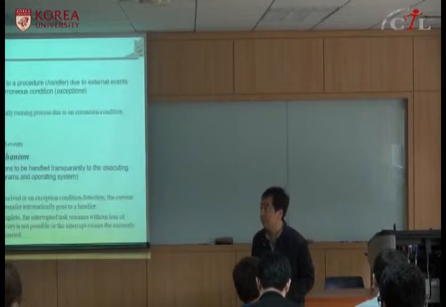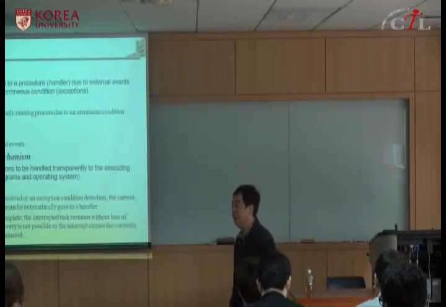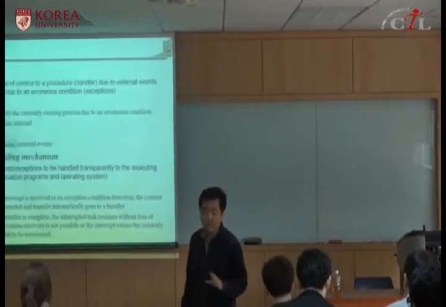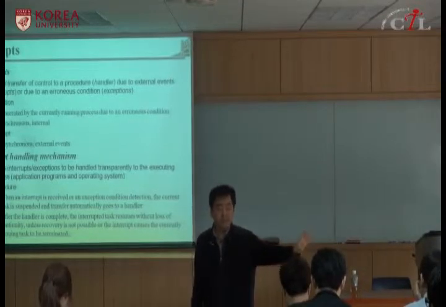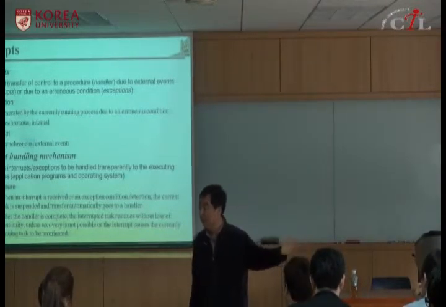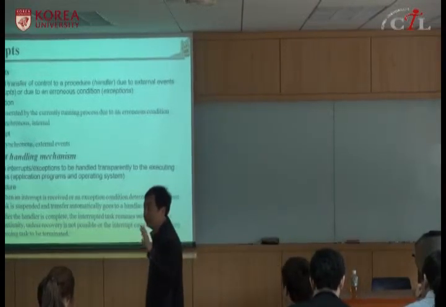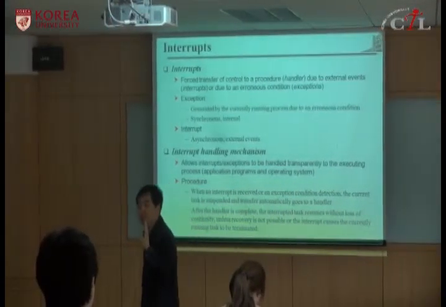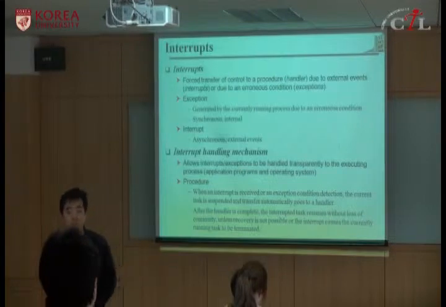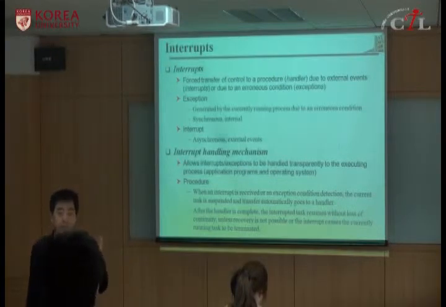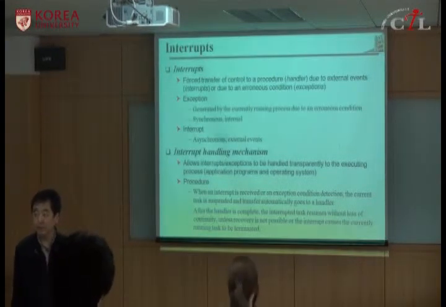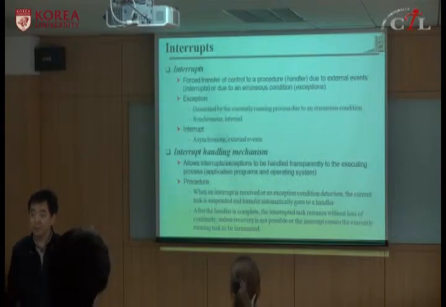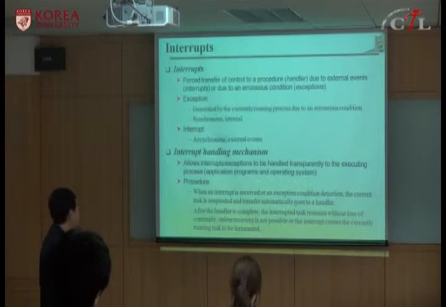Then the handler should examine the status. If the same error occurs again and again, it may report that the first level cache bank 0 has an error. You have to replace the bank to continue, and you have to stop. Sometimes you have to terminate the entire system, or sometimes you need to terminate the process.